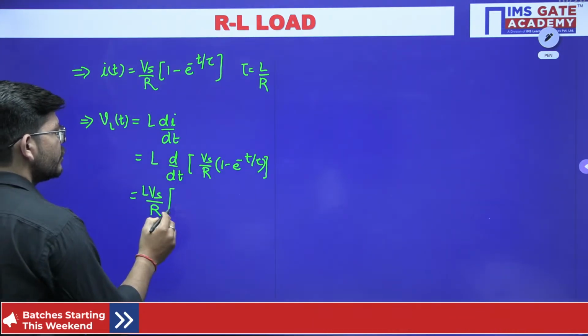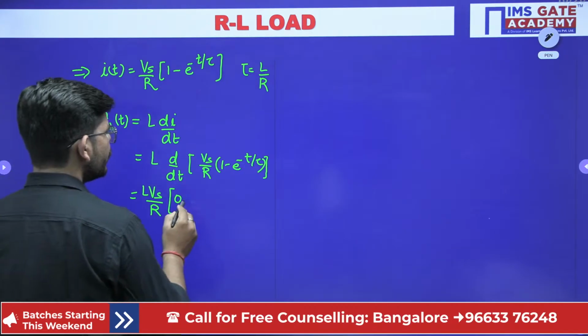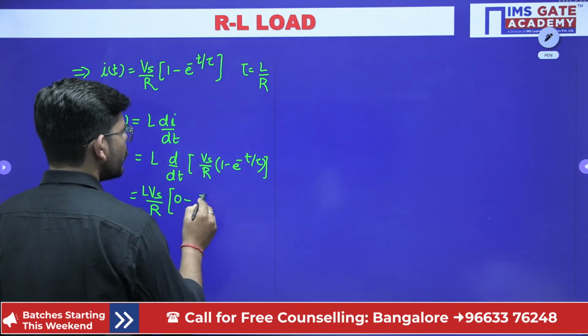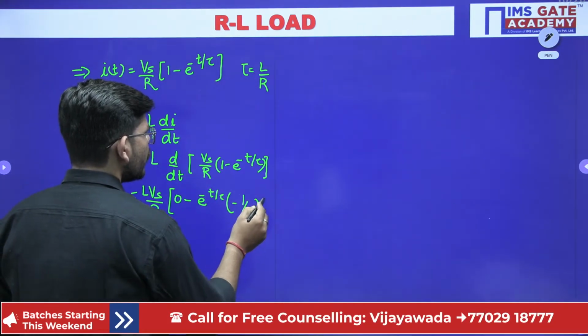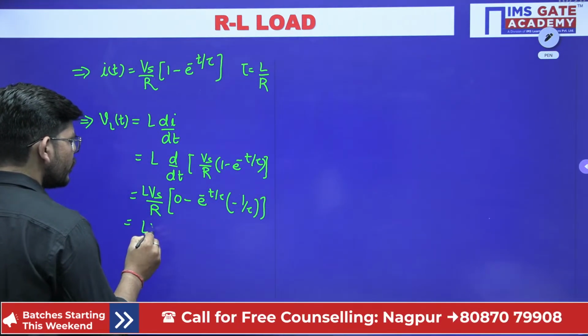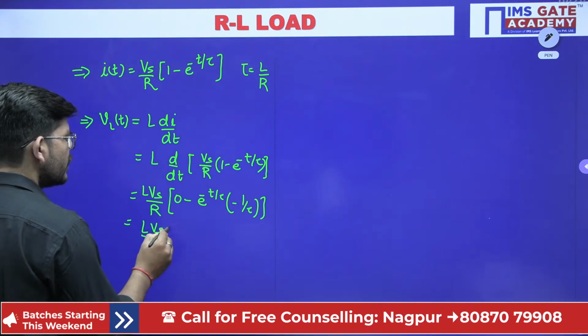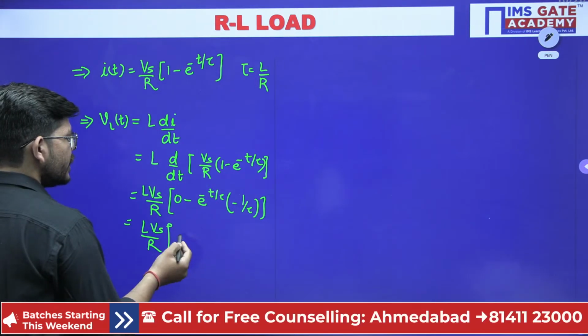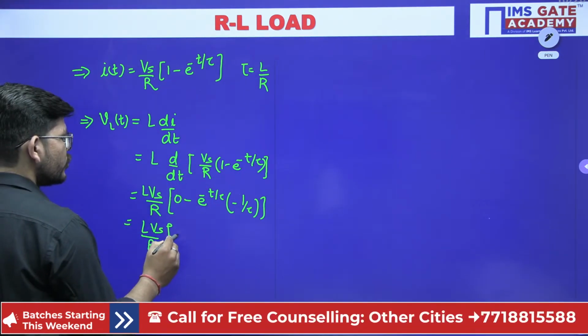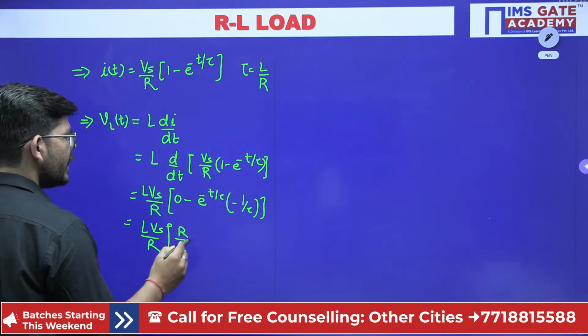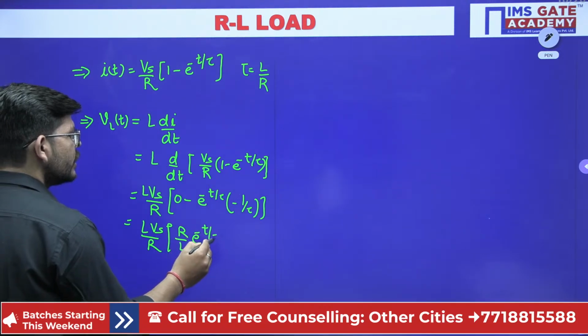Now I have to differentiate it. On differentiating, what I am going to get is 0 minus e to the power minus t over tau times minus 1 over tau, again multiplied by L Vs upon R. Minus and minus get cancelled. 1 upon tau will become R by L, so I am going to get R by L e to the power minus t over tau.